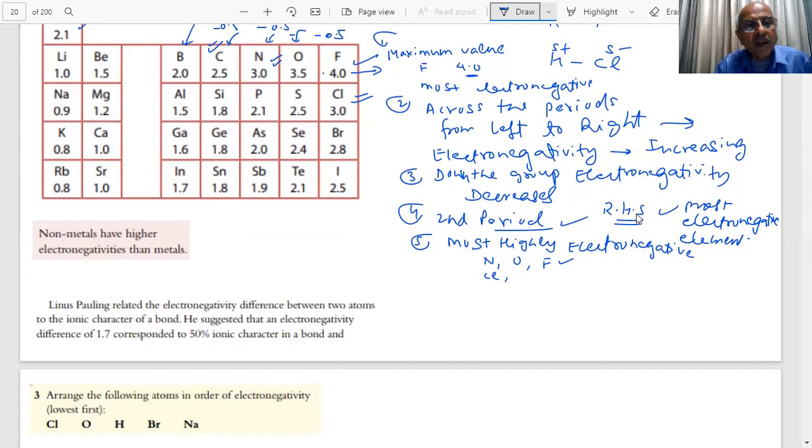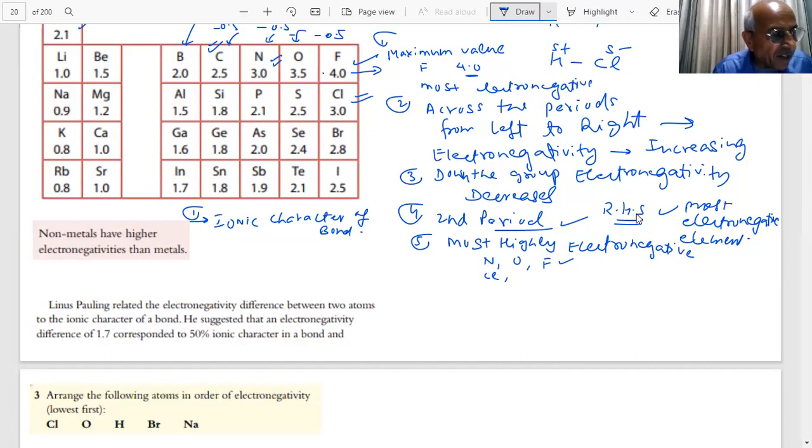So what do we mean by ionic character of the bond? Ionic character of the bond means how much ionic character is there, student. Plus minus how much ionic character is there, because in every covalent bond, student, there is a covalent character, and we are saying there is an ionic character.